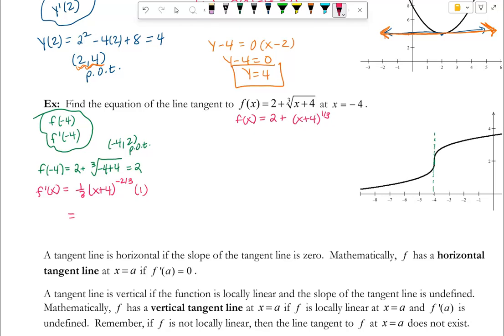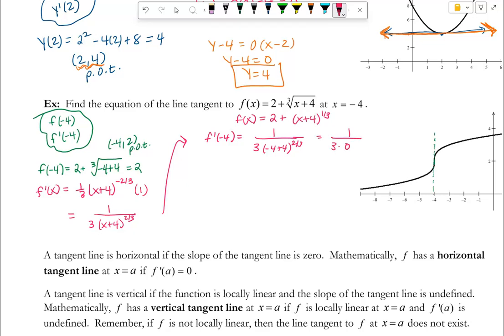So f prime of x is 1/3 times x plus 4 to the negative 2/3 power. And I might need to remember that that's the cube root of x plus 4 squared, in the denominator. So now, when I go to find f prime of negative 4, I have 1/3 times negative 4 plus 4 to the 2/3 power, which is 1/3 times 0.